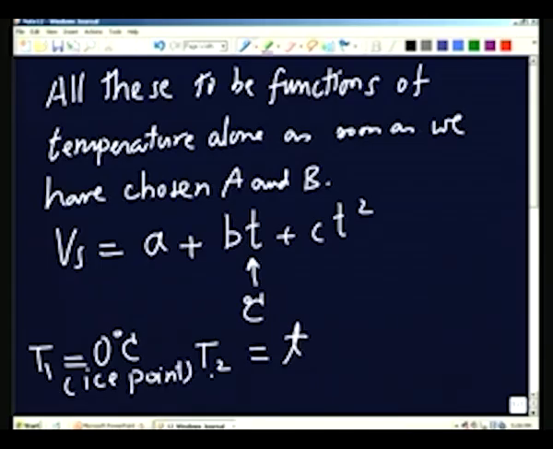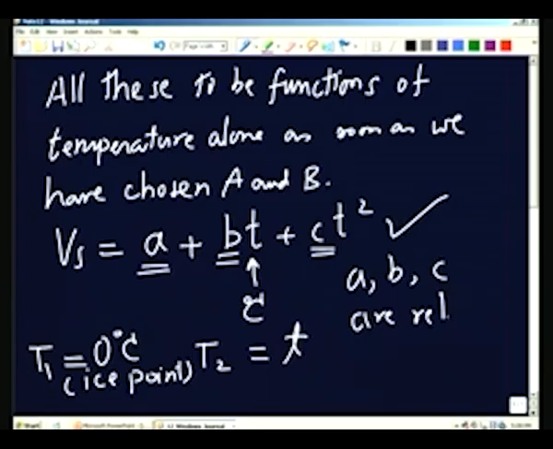If I take the temperature T2 as equal to T, and I take the other temperature as a reference value at ice point, then I can write something like this. And the coefficients A, B and C are related to the three effects.